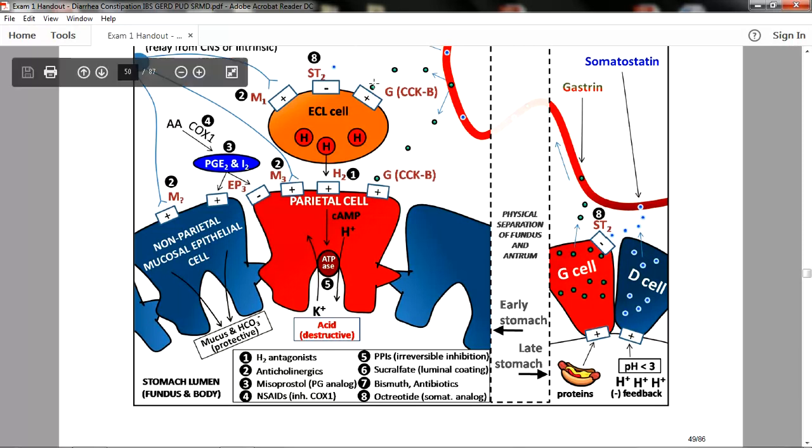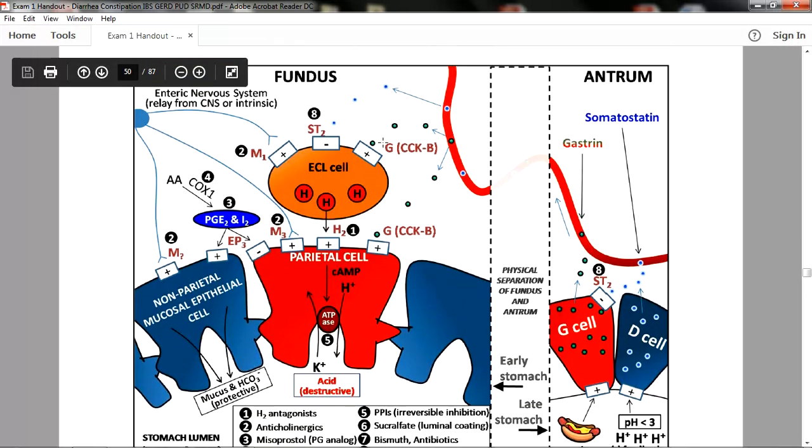Gastrin will leak out, and it has receptors on the ECL cell. Okay, it also has the same receptor on the parietal cell. In both cases, the ultimate outcome is increased acid secretion. On the ECL cell, that's mediated indirectly by histamine release, and histamine activates the parietal cell through the H2 receptor.